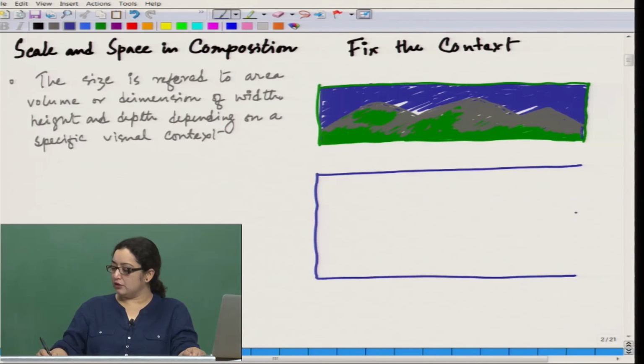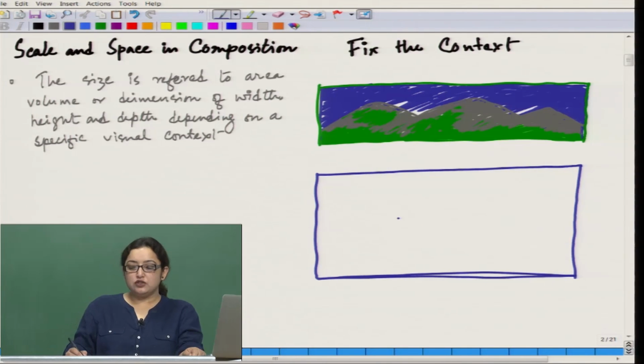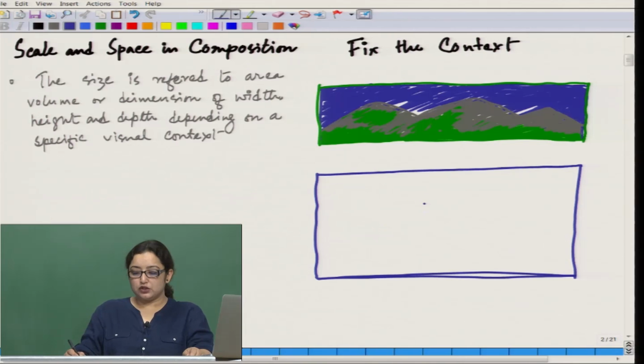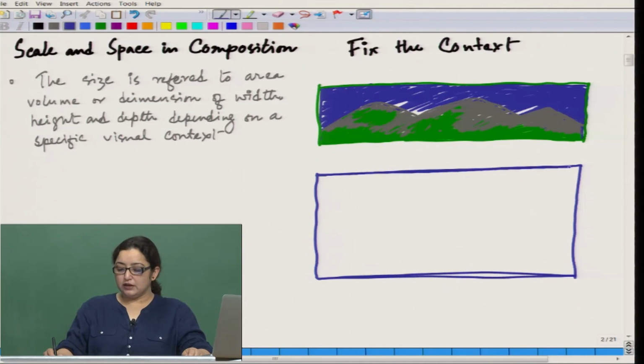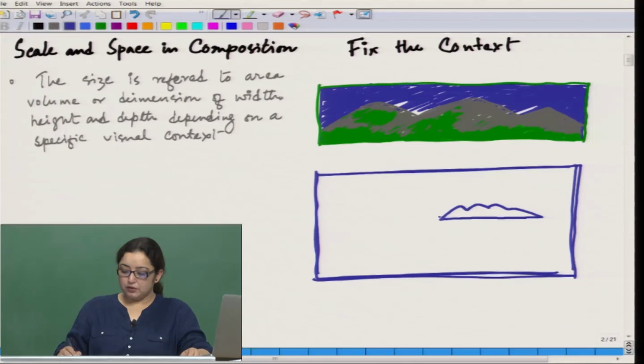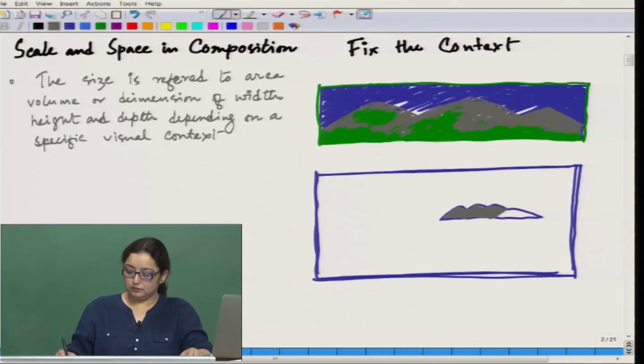Let us take another alternative where we change the ratio of this composition. So, we take a paper which is this big and make a mountain there, which will occupy this much of a space.